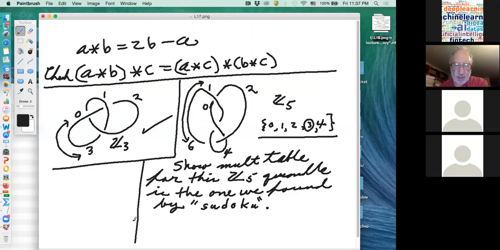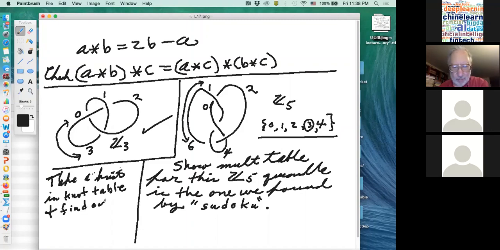So a nice problem is to take a knot in the knot table and find out as much as you can about its quandle.